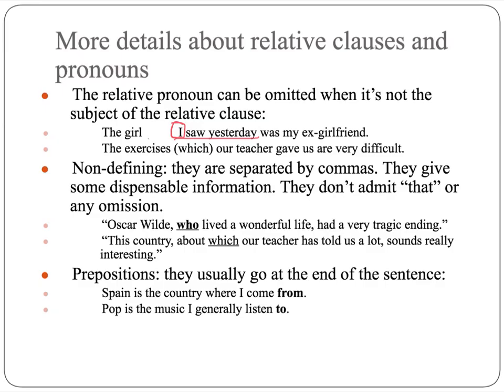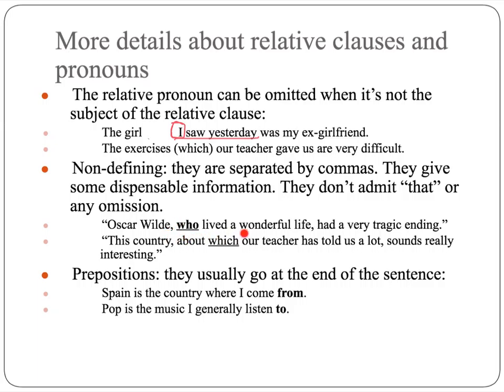And we have two examples. Oscar Wilde, who lived a wonderful life, had a very tragic ending, okay? Now notice that who lived a wonderful life is dispensable information. We can perfectly say Oscar Wilde had a very tragic ending, okay? And nothing essential changes, okay?